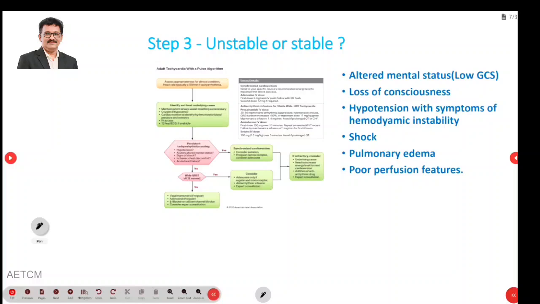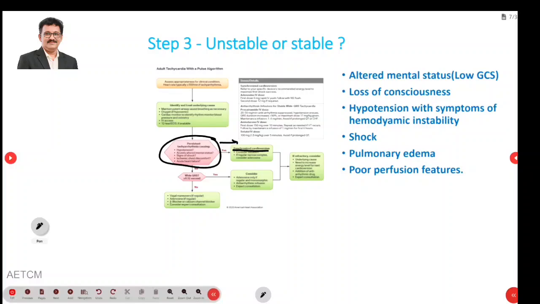Now third important step is whether this patient is stable or unstable. That is very important because I will show you the step here. So if the patient is unstable, then you directly go to this step and you give cardioversion. Okay. Now what are the unstable features?